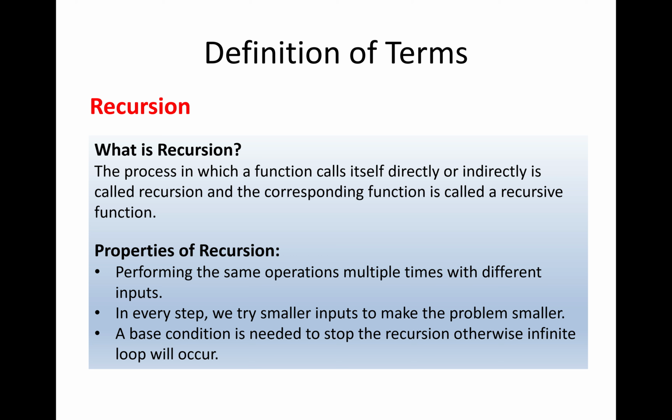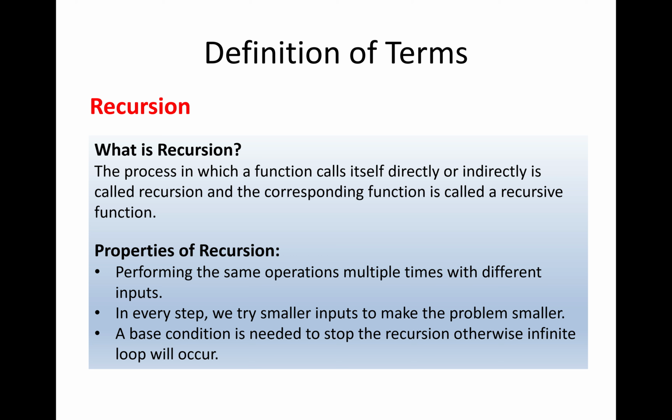So what is recursion? The process in which a function calls itself directly or indirectly is called recursion, and the corresponding function is called a recursive function. The properties of recursion are: 1.